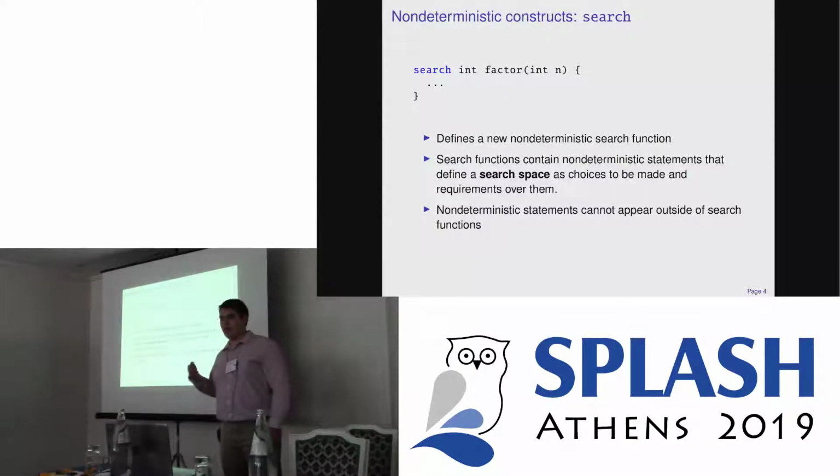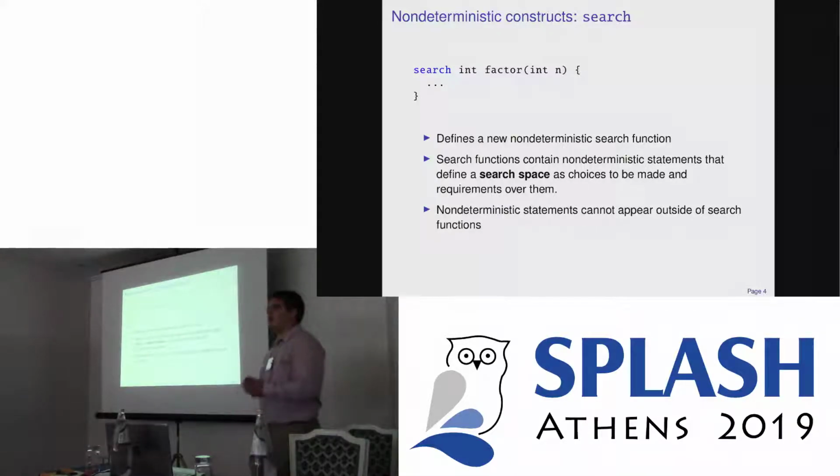Search functions contain non-deterministic statements that specify a search space as choices in an ambiguous control flow and requirements placed on those choice options that potentially cause some paths of the choice to fail and others to succeed. And this is basically a domain-specific language.